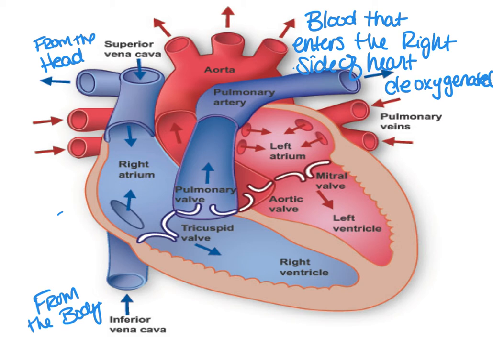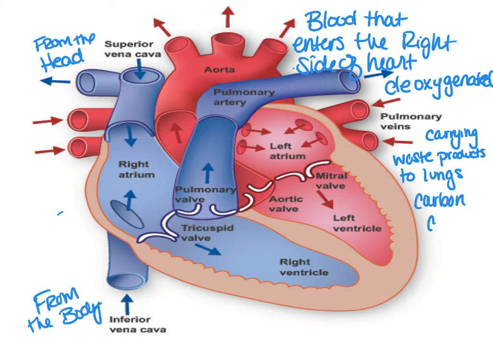Deoxygenated means the blood that flows into the right side of the heart is carrying waste products to the lungs. Can anybody think off the top of your head what the waste product might be? It has to do with our lungs. What do we breathe out? It's carbon dioxide. There are other things in there too, but that is one of the main waste products that the blood is carrying.